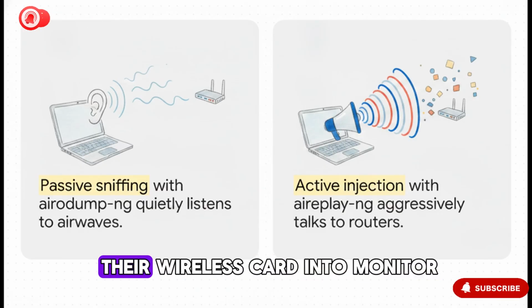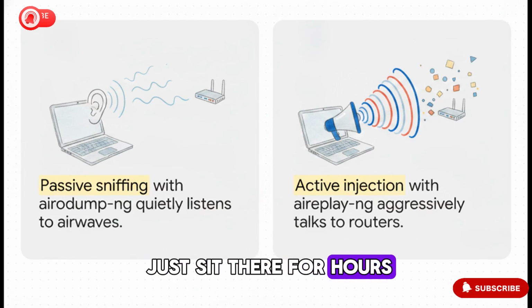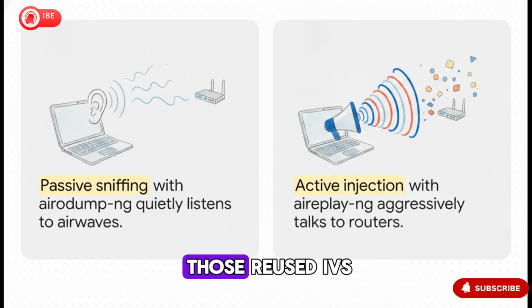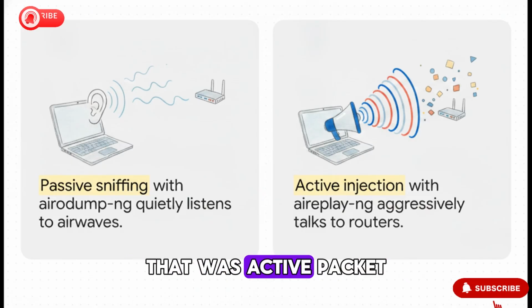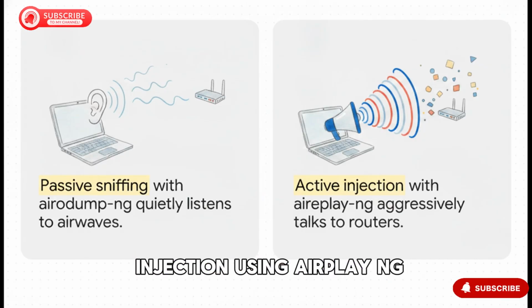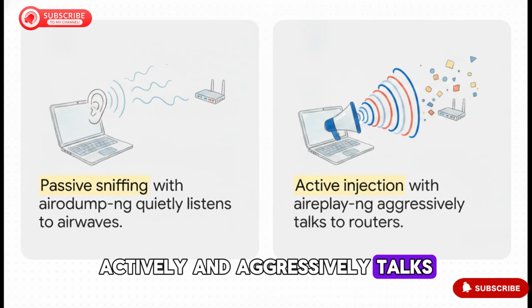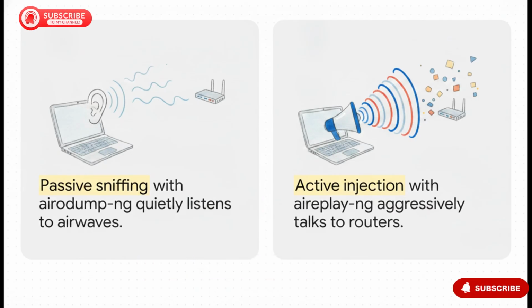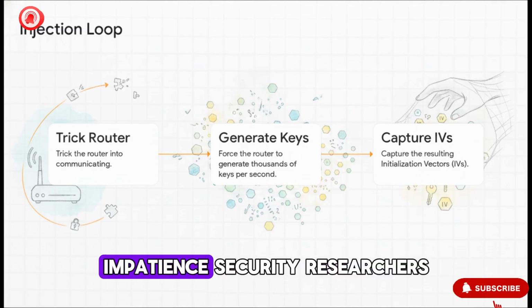An attacker would put their wireless card into monitor mode and then literally just sit there for hours, just hoping the router would naturally generate enough traffic to capture those reused IVs. But the real paradigm shift, that was active packet injection using AirPlay-ng. Instead of just waiting around, the attacker actively and aggressively talks to the router to immensely speed up the whole data collection process. And honestly, this technique was entirely born out of sheer impatience.